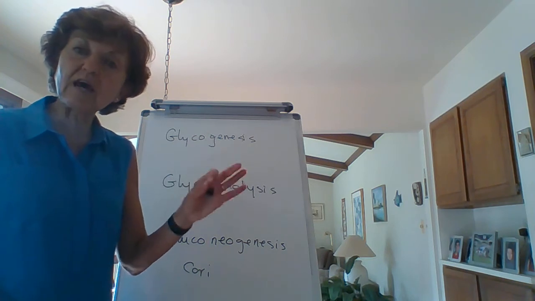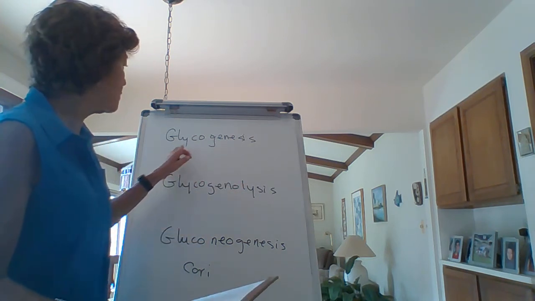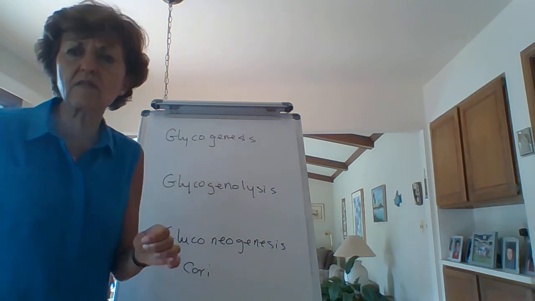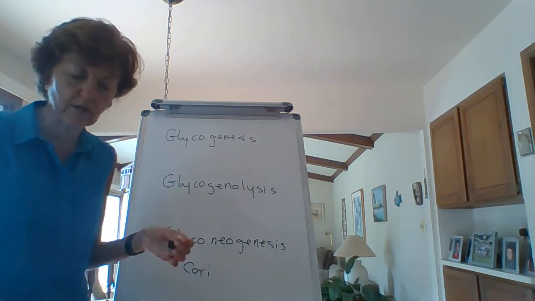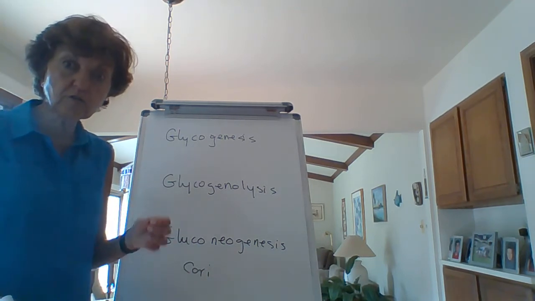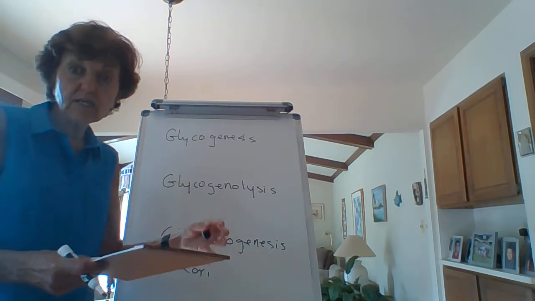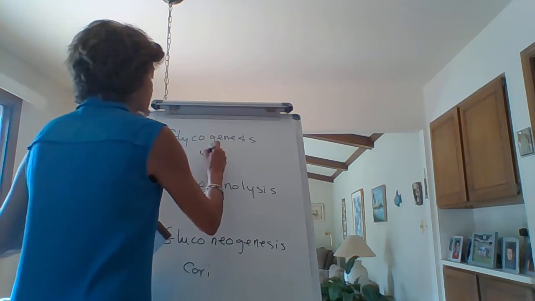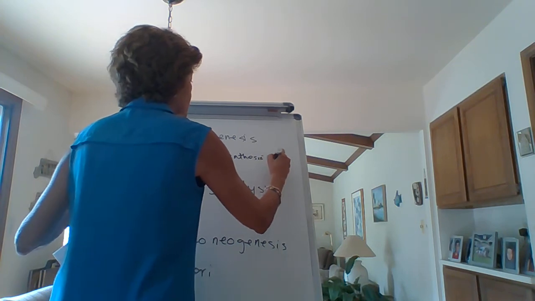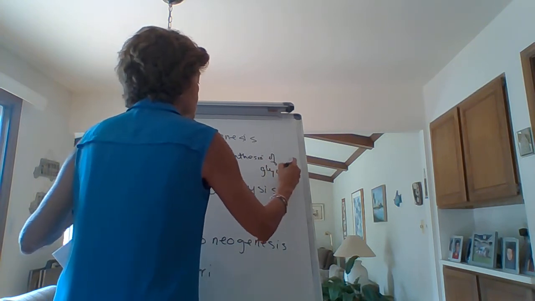Glycogenesis, what do you think that word is? It's glycogen and then genesis. So basically, it's the synthesis of glycogen. That's what glycogenesis is. So it's taking a bunch of glucoses, bonding them together, and synthesis of glycogen.